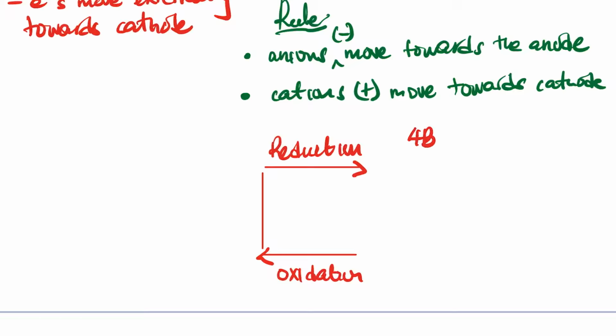This is table 4B. So what does it mean? If you look from the tail of these half cells and draw a diagonal line going that way, we get a negative gradient.